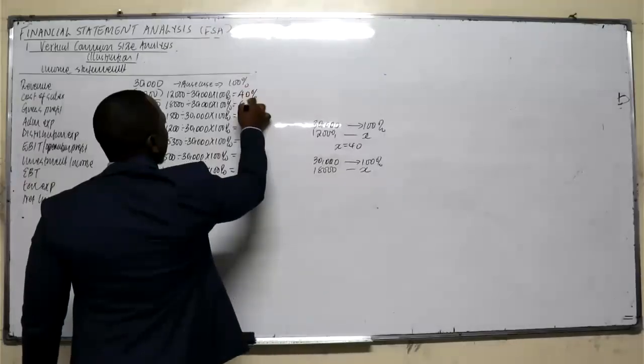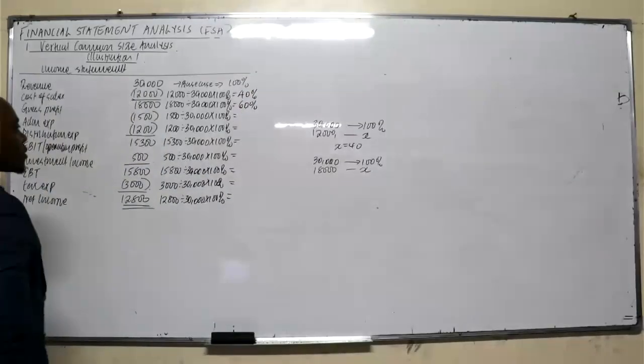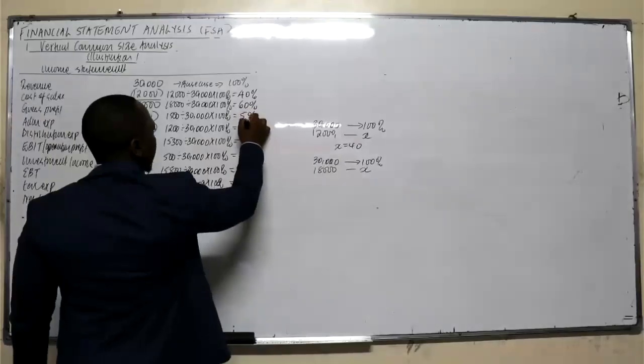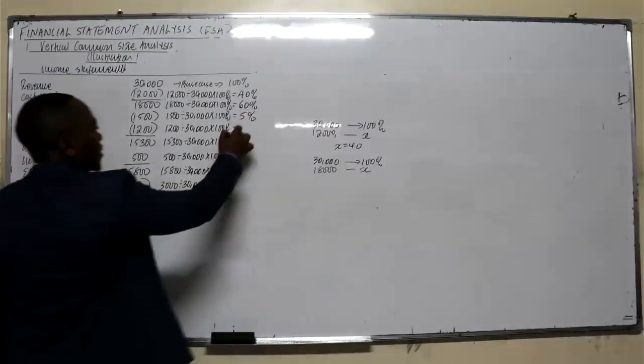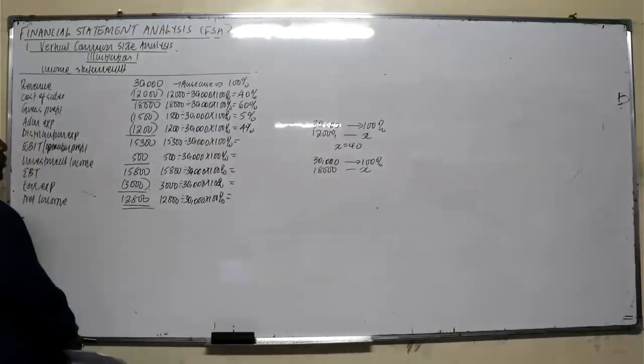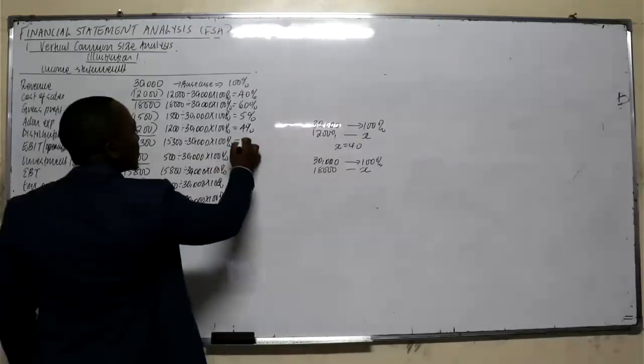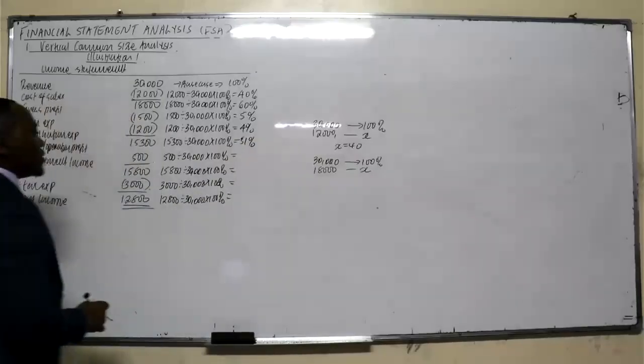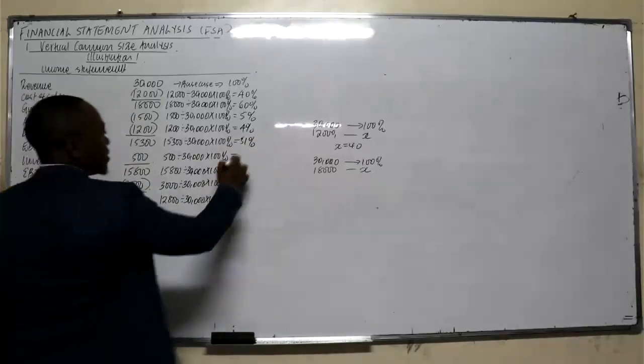This one you got was 60%. 5%. This is 4%. 51%.